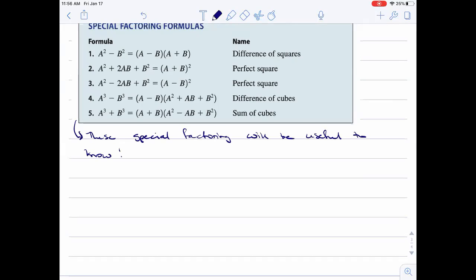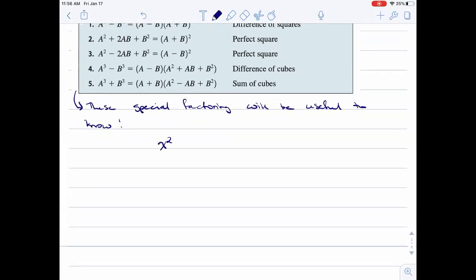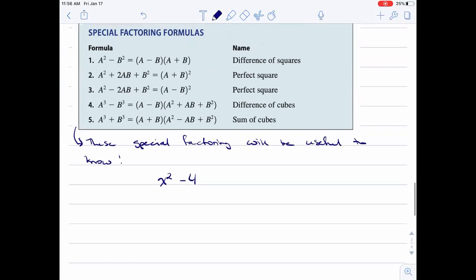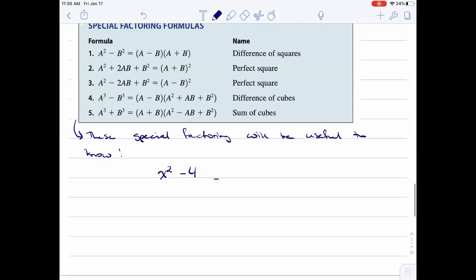Looking at that example that we started with, that little bitty example, x squared minus 4, that turned into x minus 2 times x plus 2. Well, because it's part of the difference of squares, part of the special factoring formulas. And so what we can do is rewrite this as x squared minus 2 squared. We can replace the 4 with 2 squared.